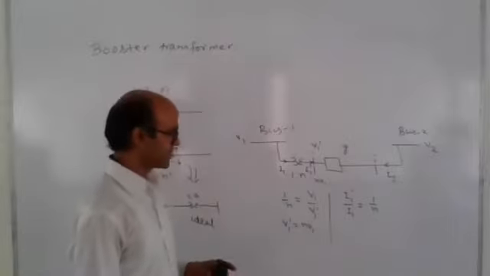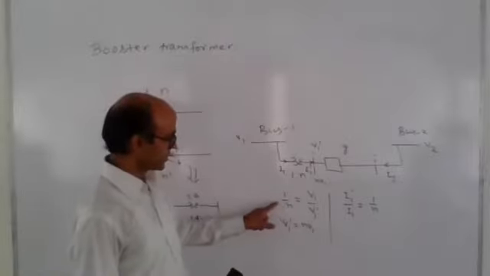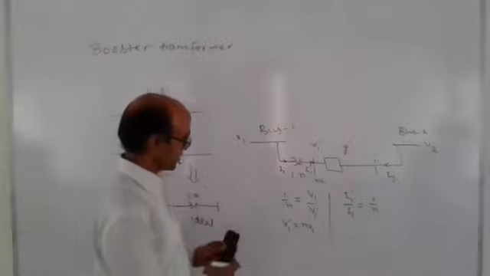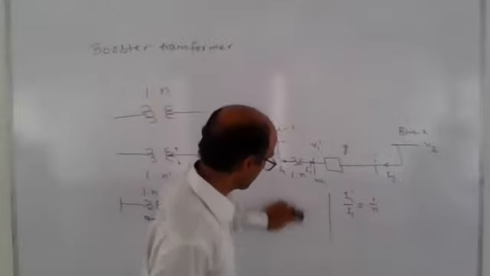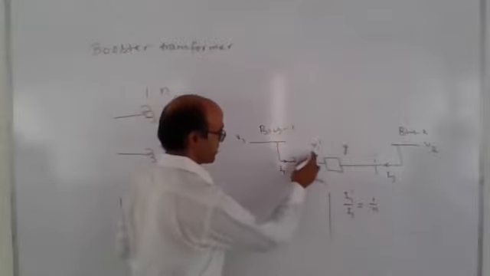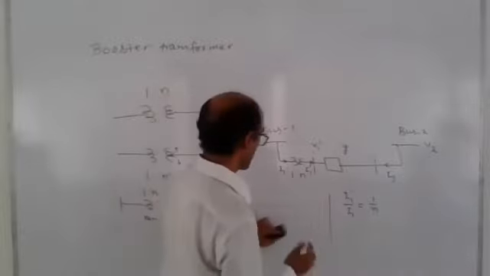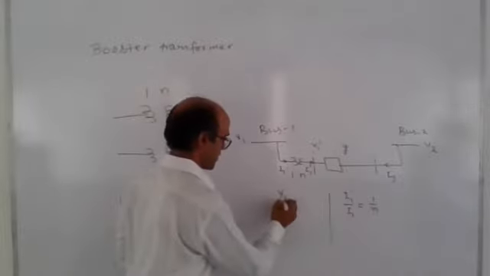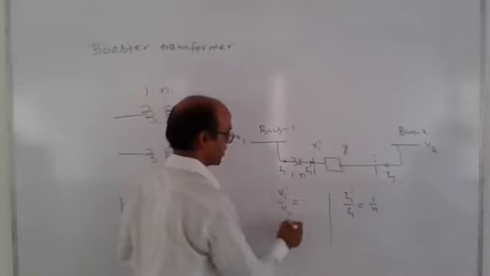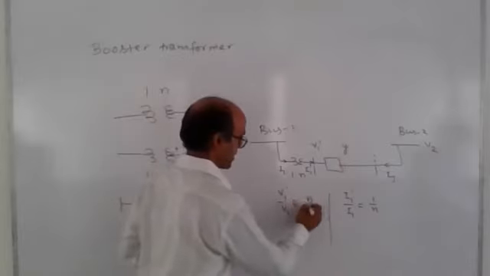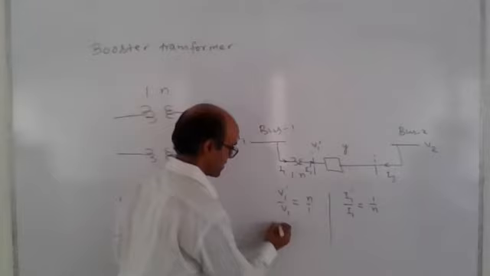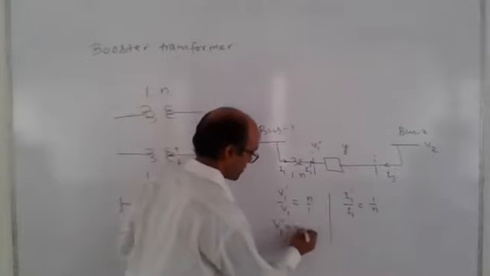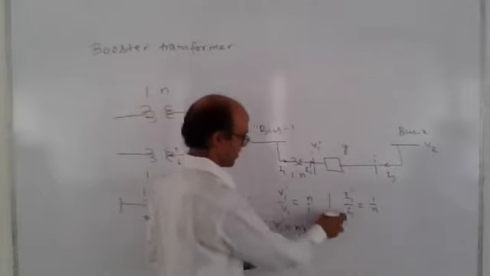1:n. This is what? 1:n. Just make one connection. This is the V1 dash voltage. Okay. So V1 dash voltage divided by V1 voltage is what? The number of turns n and 1. What is V1 dash? N times V1.